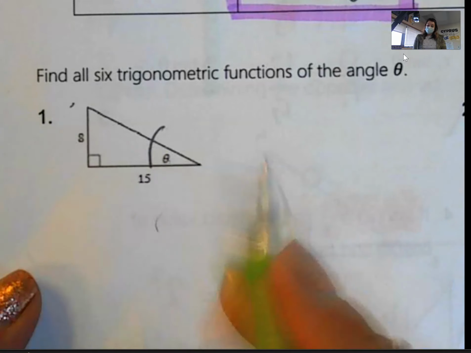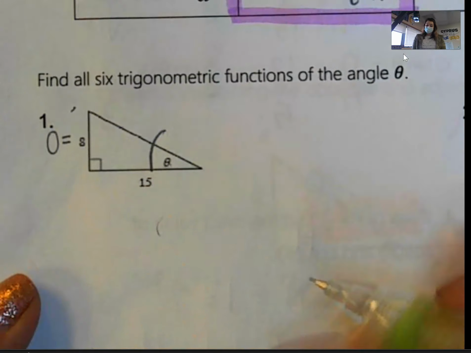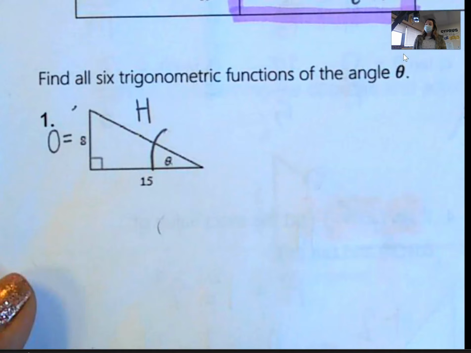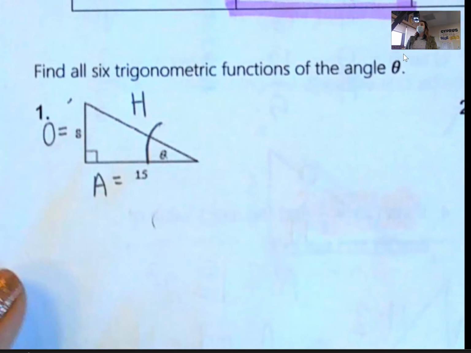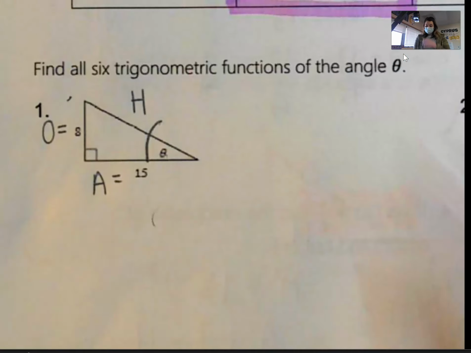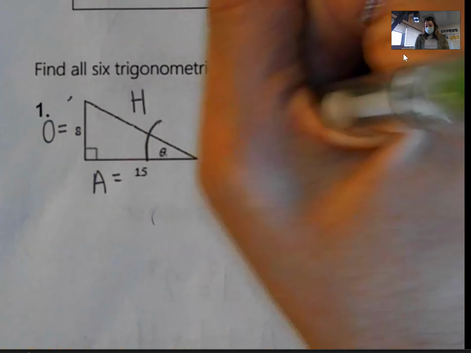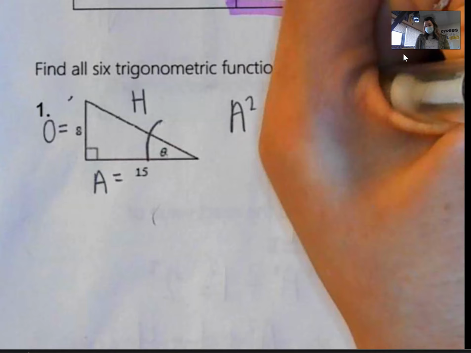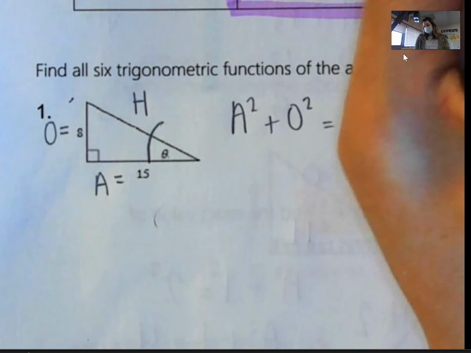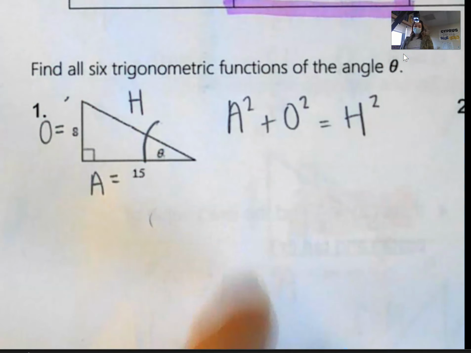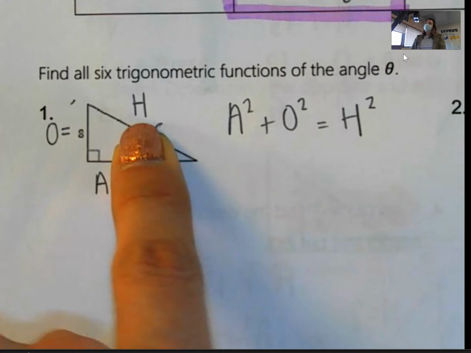That means that 8 is my opposite side. The blank side is H, and the bottom side is A. Then last time we learned that the formula A squared plus opposite squared equals H squared can help us find this missing length.